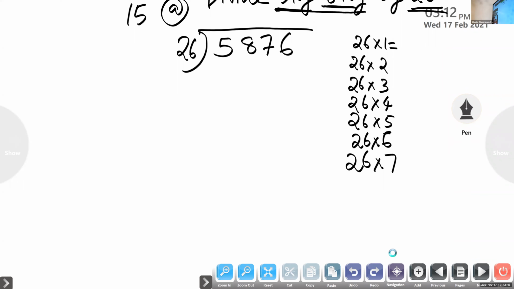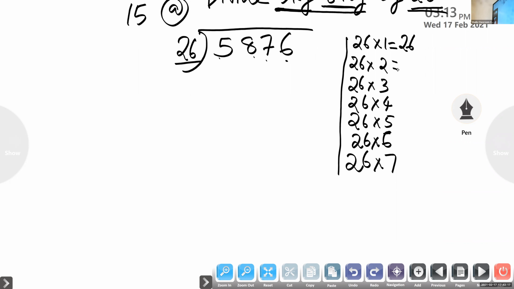So children, just write the number inside, which is the dividend and which is the divisor. So here the dividend is 5876, divided by the divisor, 26. And I want you to write the multiplication table for the divisor. Here 26 into 1 is very easy, any number multiplied with 1.